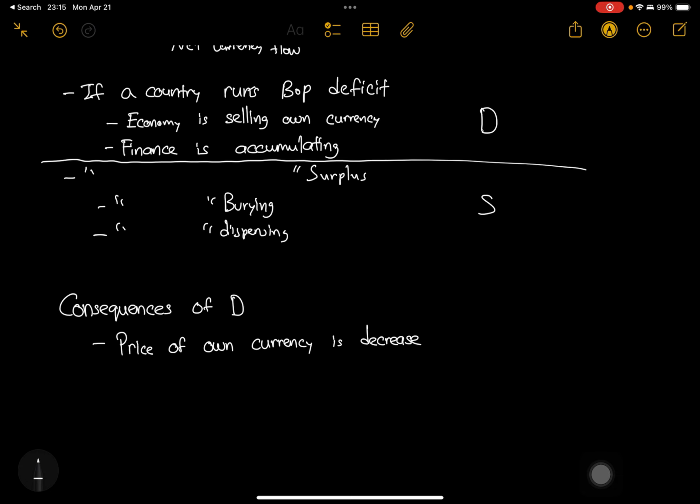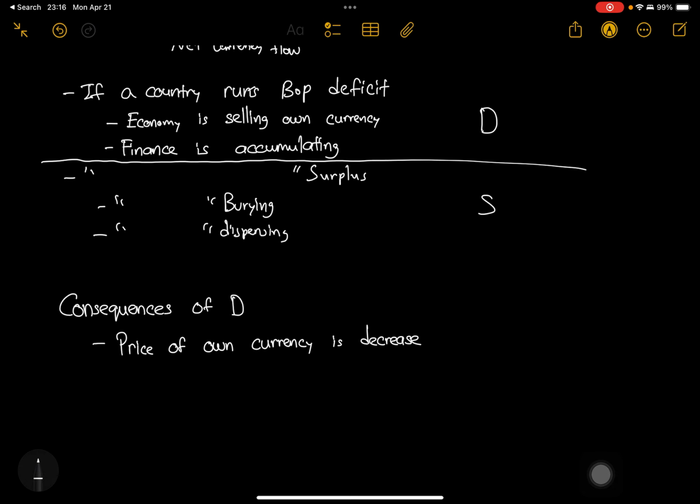You can also think of it as a portfolio hedge argument, which I'll probably explain in one of my other videos at some point. But basically, if the net portfolio position of all the financial firms is increasingly long your currency, then they're more and more exposed to the movements of the currency's value.